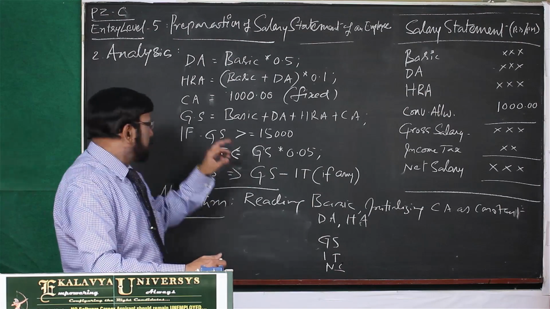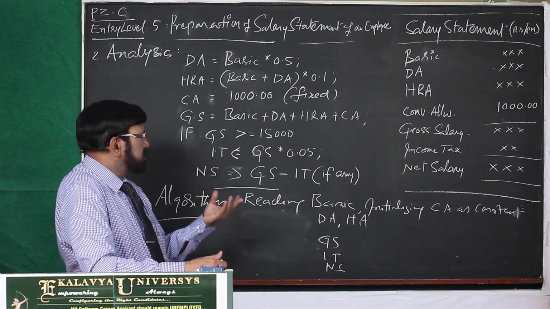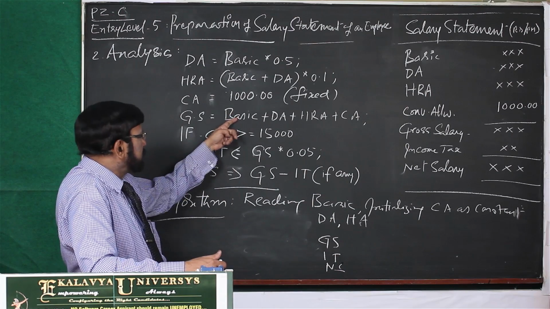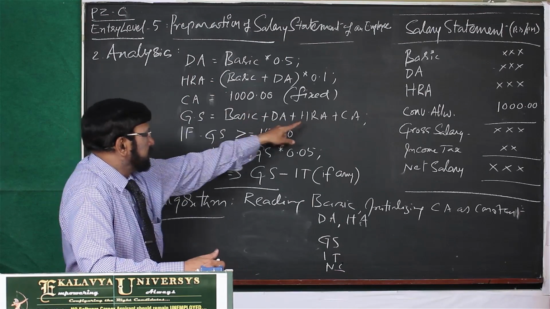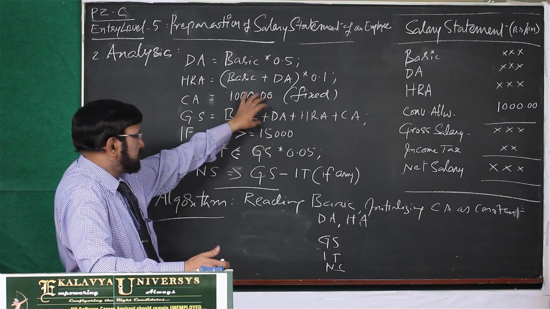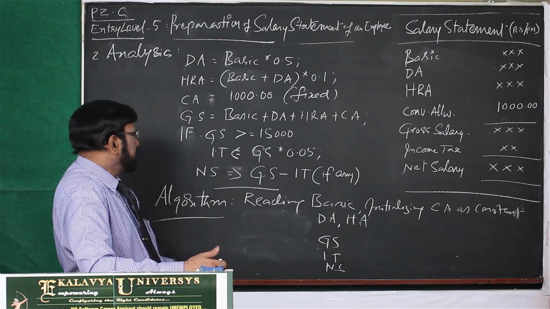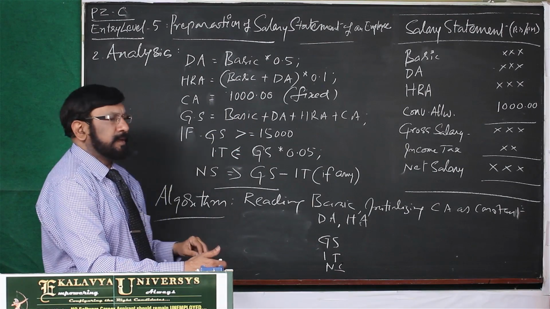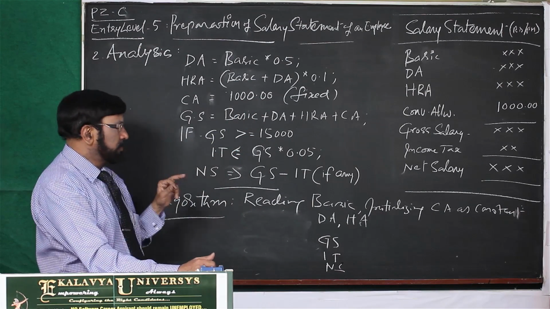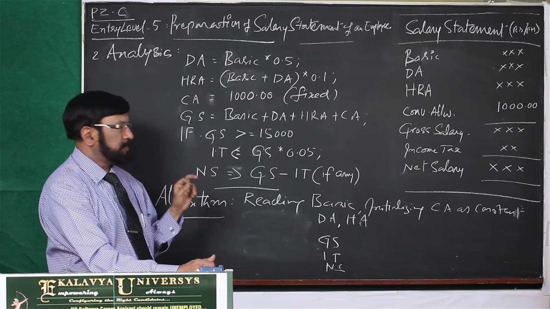Thereafter we have to calculate gross salary. Gross salary is the sum of basic, DA, HRA and the conveyance allowance. Then gross salary is calculated. Thereafter we have to calculate income tax if applicable.